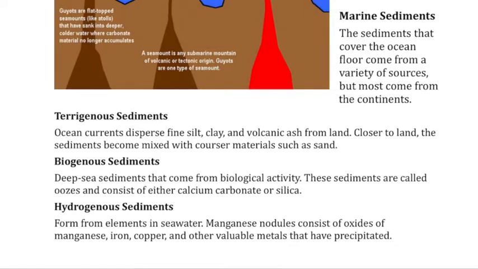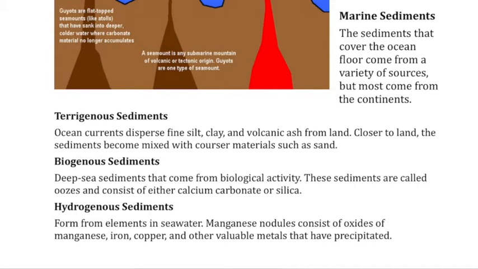You can also have other sediments where different currents can take, say, the volcanic ashes and stuff from undersea volcanoes and move those around. And then you could have material like sand that's broken up from granite and silicates from the crust, and it's dispersed at the bottom of the sea.